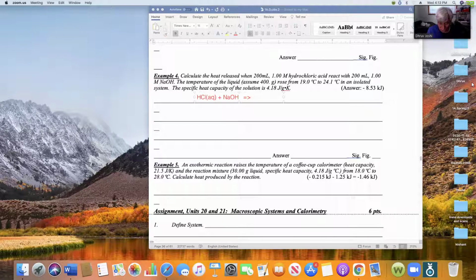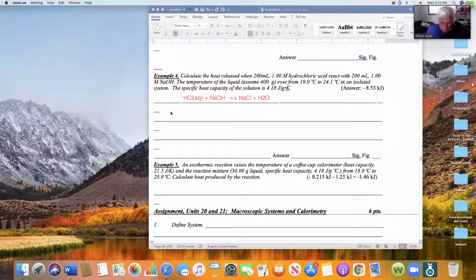But if you don't write aq for HCl, I'm unhappy. All right, NaCl plus H2O. And here you don't need to write anything else. So that's the equation, a reaction is happening.